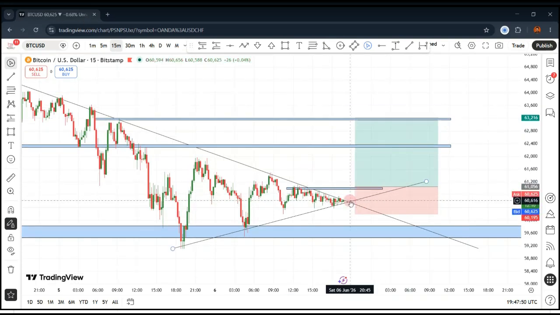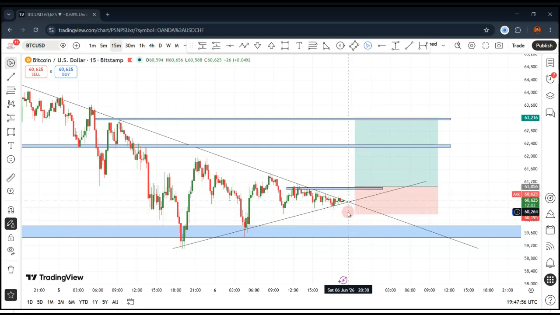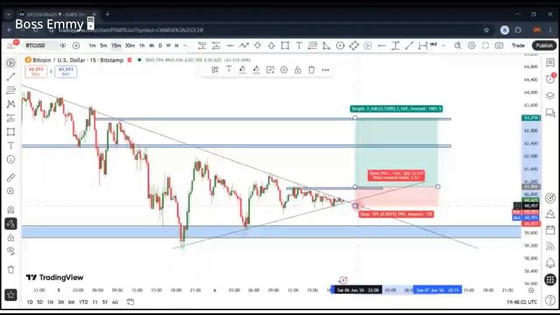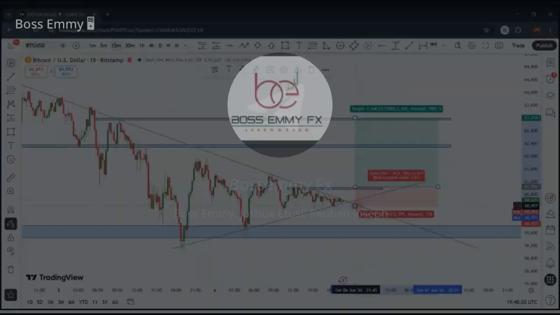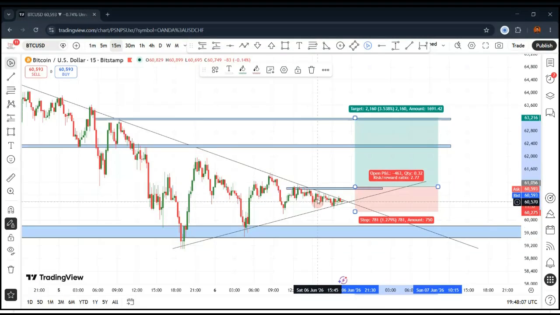So if the market gives us a reasonable candle confirmation here, probably a bullish engulfing candlestick, I could move my stop loss to the upper side. But to be on the safer side, my stop loss needs to be below this zone where the market could not break. It simply means since the market could not break out from this zone all this while, after coming to the upside, there's a high tendency that it will not come below this zone.